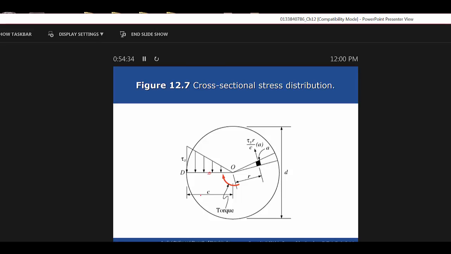To find the max resisting torque, or the allowable torque, we can rearrange that again, and note that is equation 12.3.